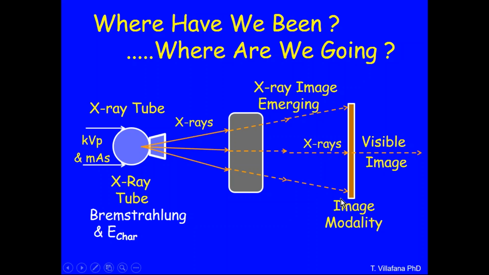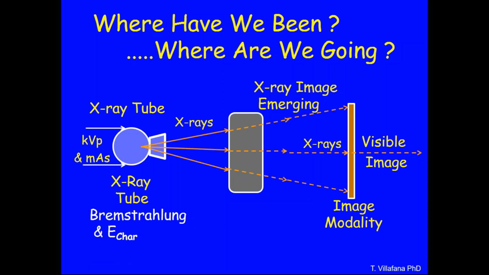And we're eventually going to get to image modalities like a radiographic plate, a CT scan, or a fluoro, etc. And the role of the image modality is to take an X-ray image emerging from the patient and convert it to a visible image from which we can make diagnostic decisions. But right now, we're looking at what happens as the X-rays go through the patient.